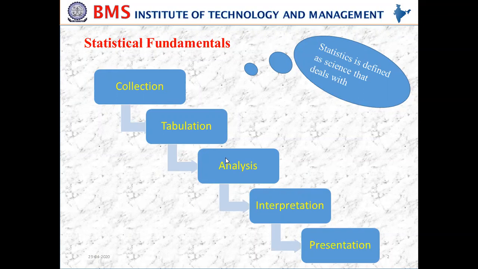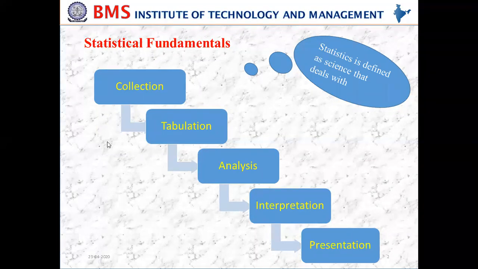After collecting the data, it is to be tabulated. You may use the computer or Excel sheets or anything that can be tabulated. Once you tabulate the data, you need to analyze the data. Whatever data is collected and tabulated should be analyzed.